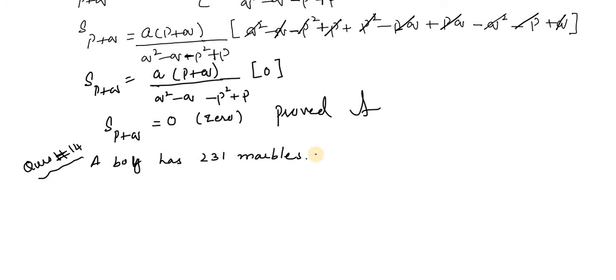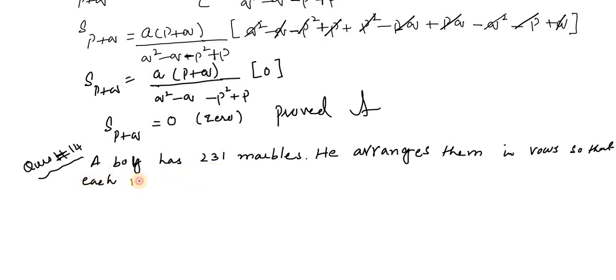He arranged them in rows so that each row contains one marble less than the preceding.